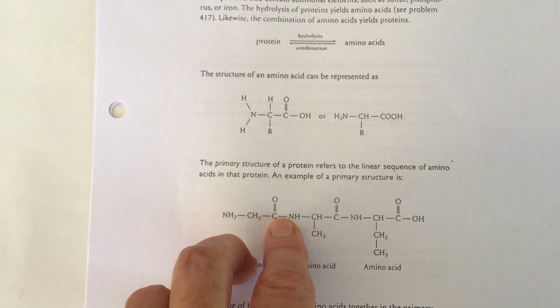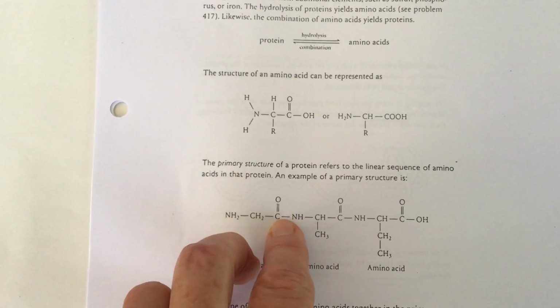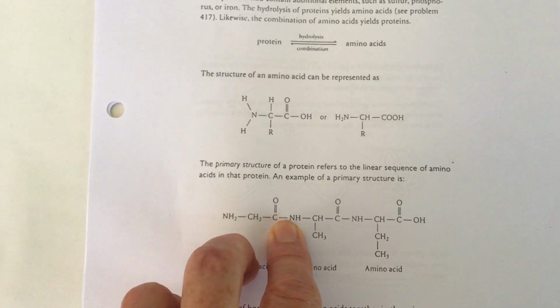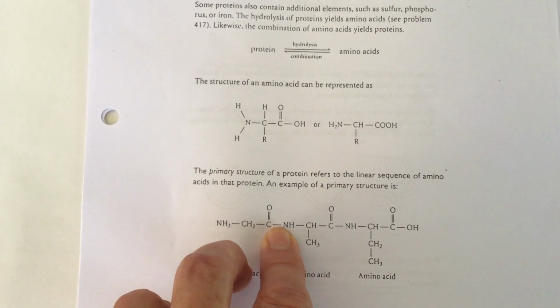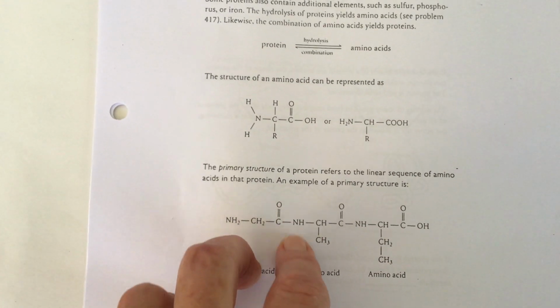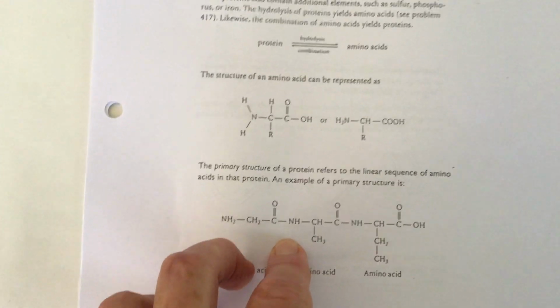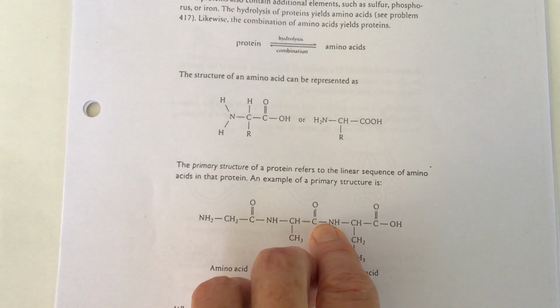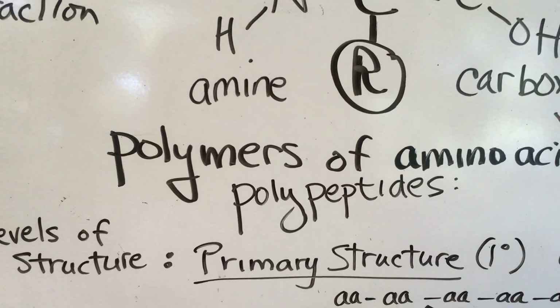In other words, the hydroxyl came off, and now that bond is happening with the nitrogen, which will have one hydrogen hanging off instead of two. So this is the peptide bond. And over here, where would it be? It's going to be right there. Okay? So these then are forming chains of the polypeptides.